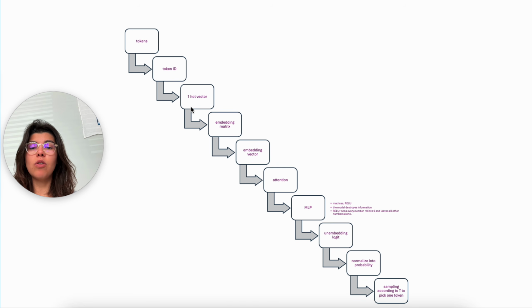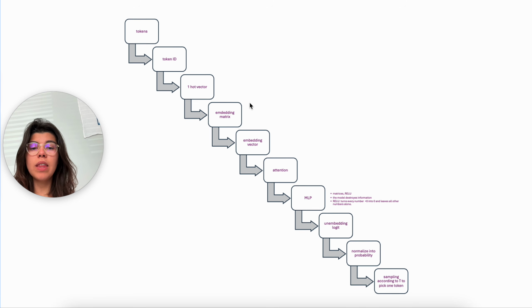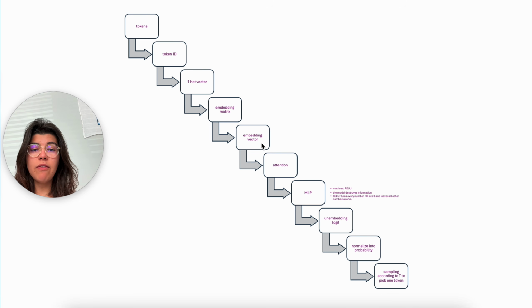And then the one hot vector becomes an embedding matrix, which becomes an embedding vector, which becomes the attention mechanism, which is a very important mechanism so that the LLM, the transformer, can operate this prediction making function that it does.